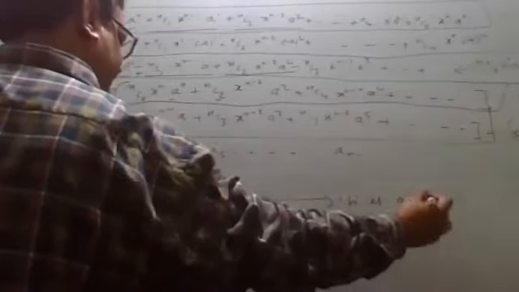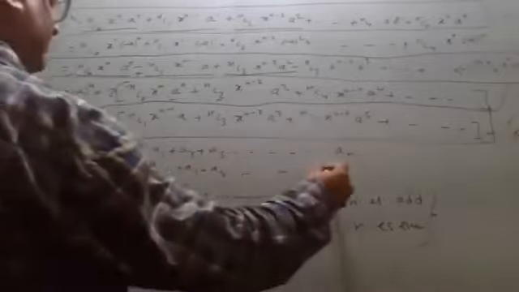Now n is even. If n is even, the last term will not be cancelled out. A1 plus A3 plus A5 and last will be An. So how many terms will be there then? The total number of terms is n plus 1.